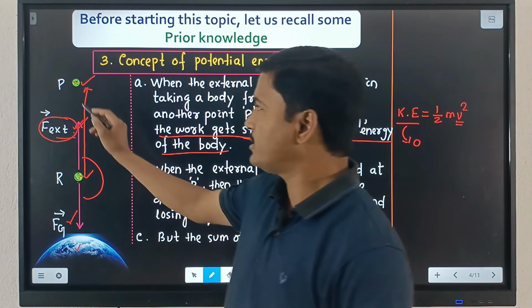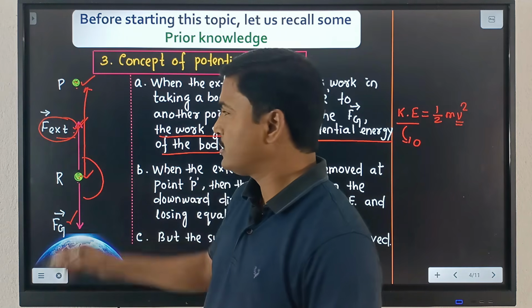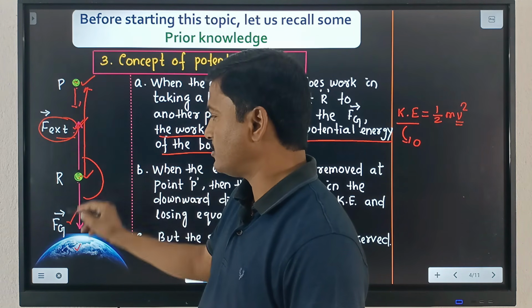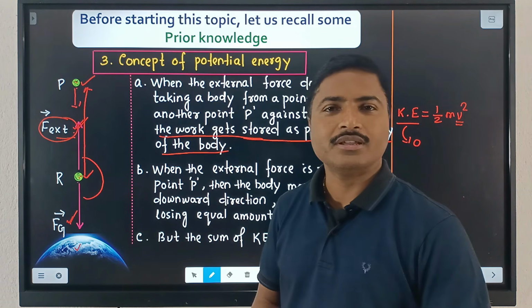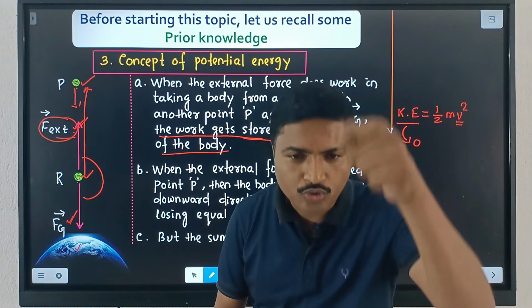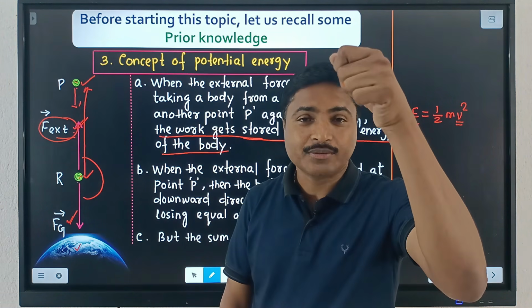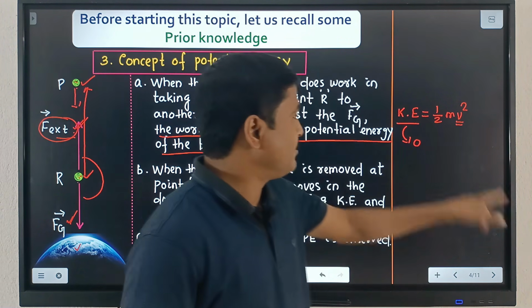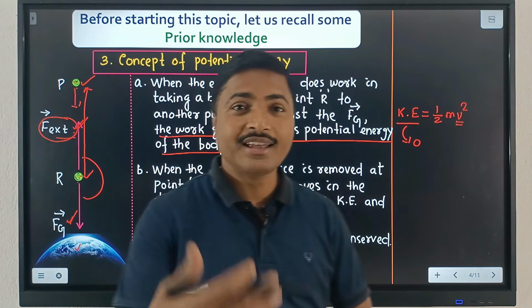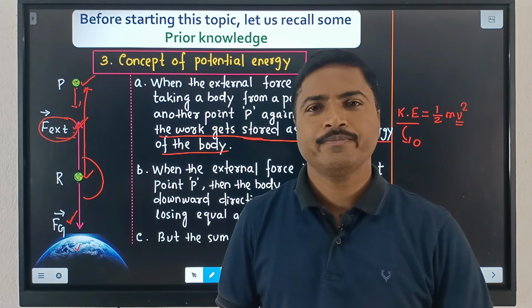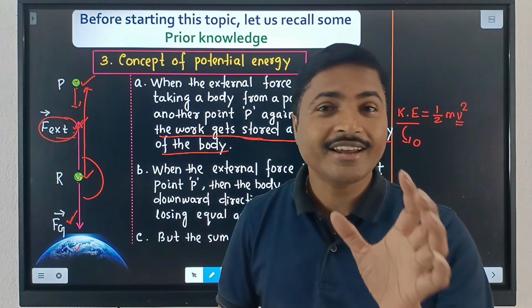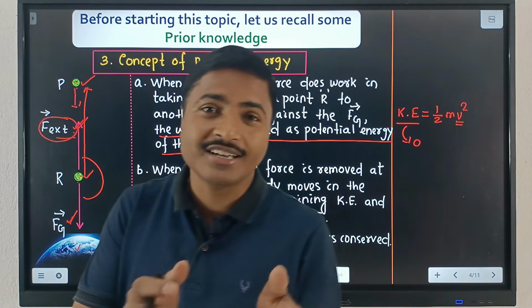If we release the body from point P, the body moves in the downward direction due to the force of gravity. If the body moves in the downward direction, its velocity gradually increases. If velocity gradually increases, automatically kinetic energy increases. If kinetic energy increases, its potential energy gradually decreases.